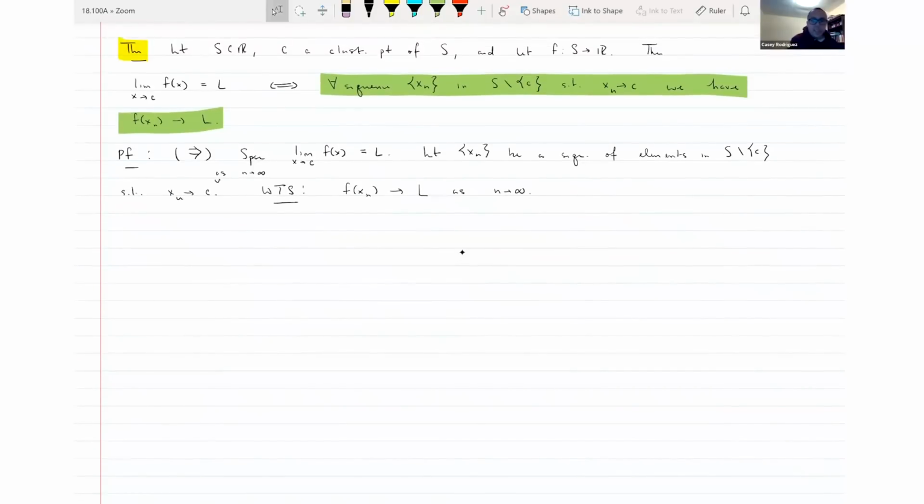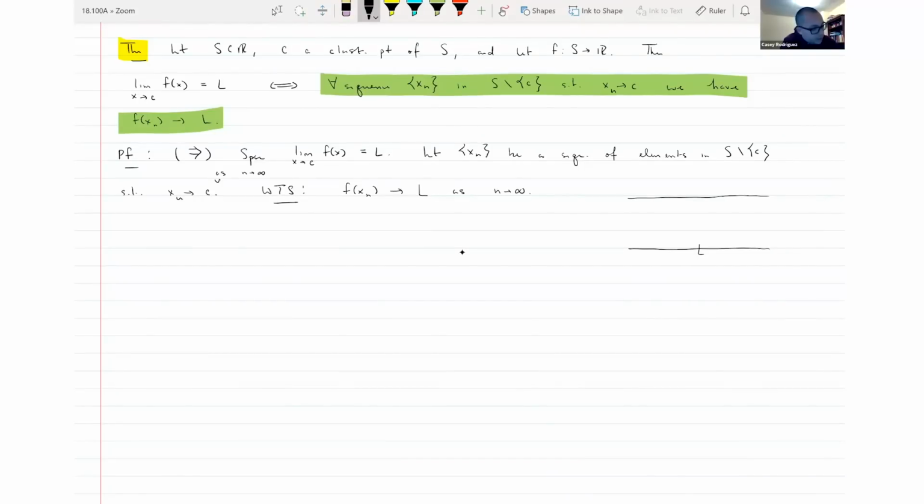So let me draw the picture of why you should believe this. Remember, for a sequence to converge to a number means for every epsilon there exists a capital M, so that for all n bigger than or equal to capital M, the sequence is within epsilon distance of the number L. I'm not going to draw the graph, just two copies of the number line.